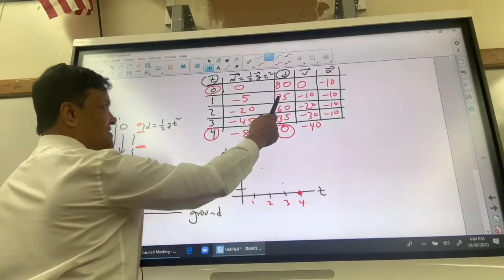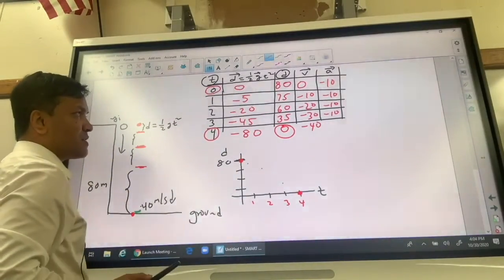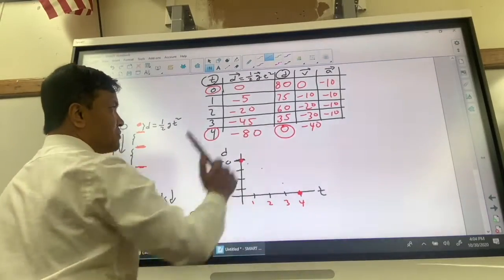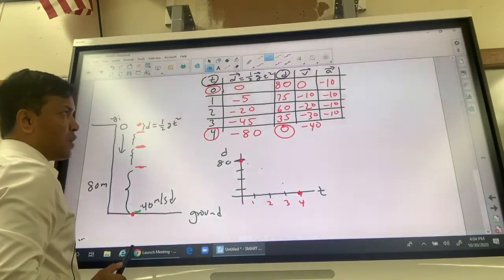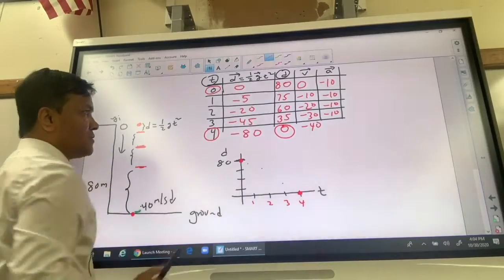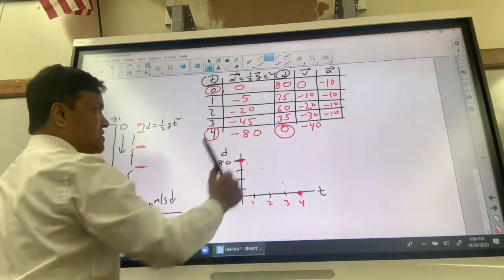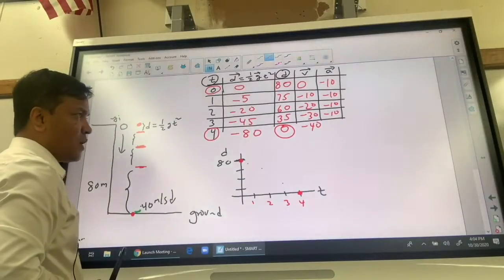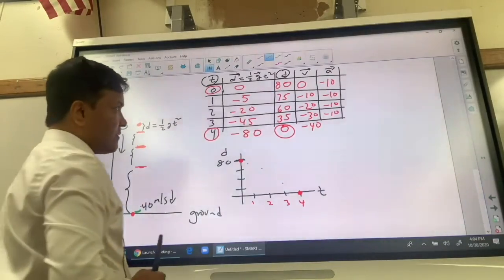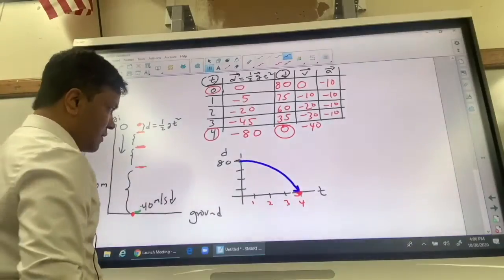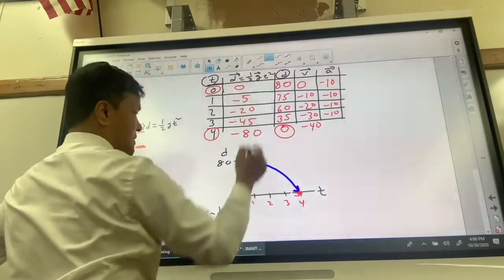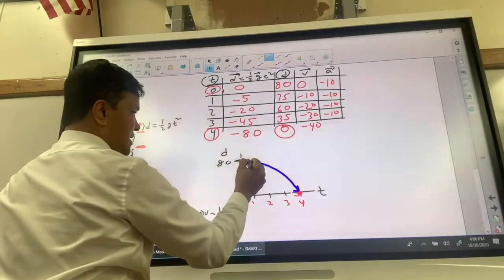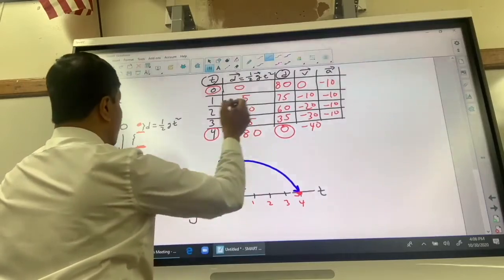At the end of 1 second, the ball is 75 meters above the ground. At the end of 2 seconds, the ball is 60 meters above the ground. At the end of 3 seconds, the ball is 35 meters above the ground. And at the end of 4 seconds, the ball is 0 meters above the ground. The distance traveled in the first second is only 5.